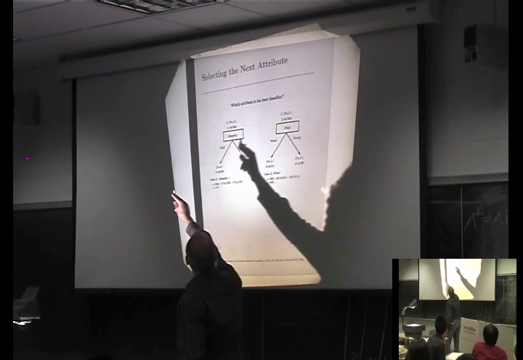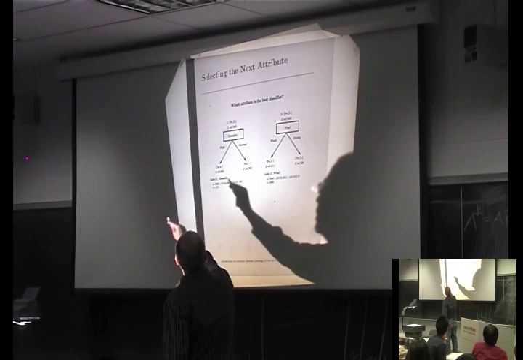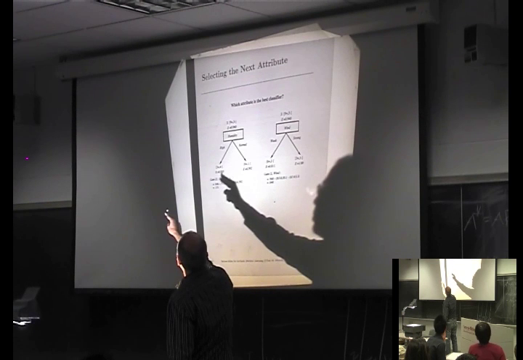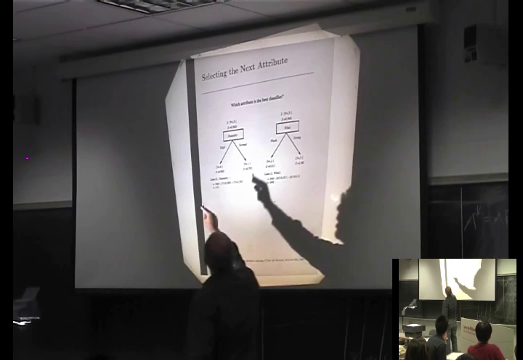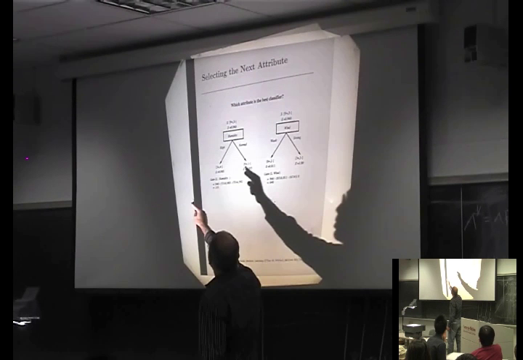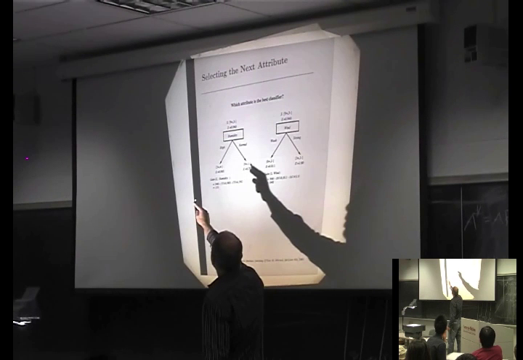And then if you split on humidity, you have 2 possible values. If humidity is high, you have a split of 3 positive and 4 negatives here, and the entropy is very close to 1 because it's very close to 50-50. If humidity is normal, the remaining entropy is close to half a bit, because it's a very skewed distribution, 6 positives and 1 negative, which is what you want.